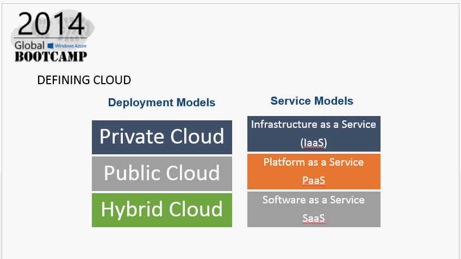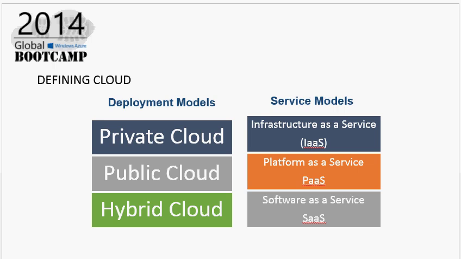Then this is the third and the most interesting form, hybrid computing, which is the most popular among corporates. Hybrid computing is when the organization manages some resources in-house and some resources are made available to the public or their own staff using a public cloud.